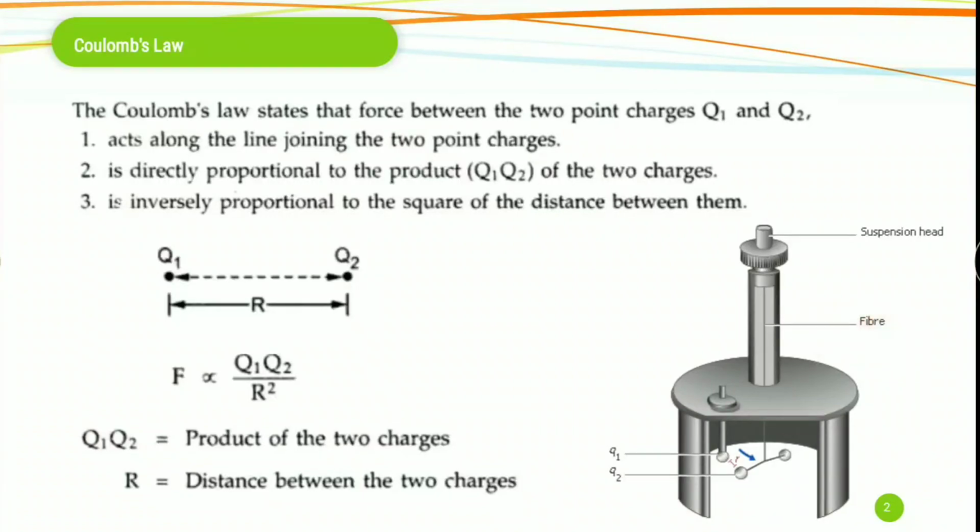Whether Q2 moves towards Q1 or away from Q1, that deflection is observed through a suspension head. Here there is a scale. Based on that scale, the force of attraction or repulsion between the two charges is easily measured. So here there is a point mentioned clearly.